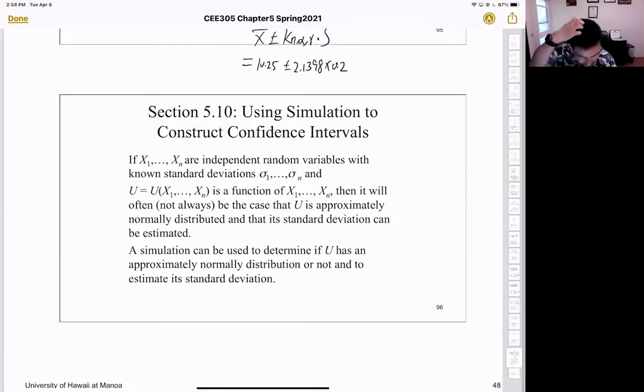So if x1 to xn are independent random variables with known standard deviation, and U is a function of these different x, and it is viewed as normal, but not always, then U is also normally distributed. We can use simulation to estimate its standard deviation.